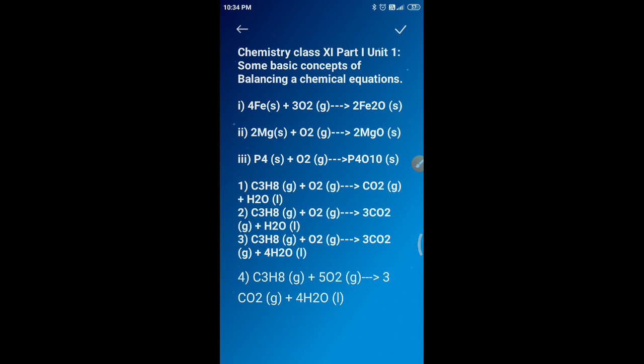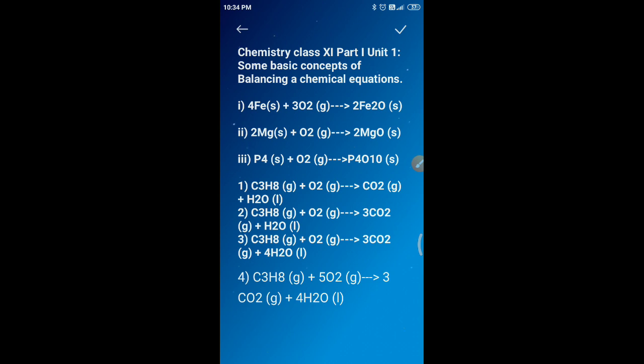Second one, 2Mg plus O2 gives 2MgO. Third one, P4 plus O2 gives P4O10. In the above three examples, examples 1 and 2 are balanced equations, but example 3 is not a balanced equation.